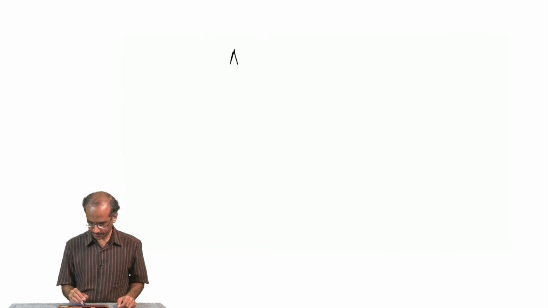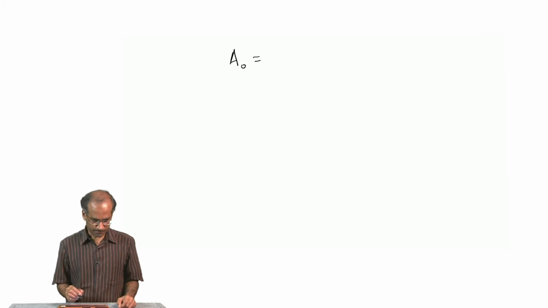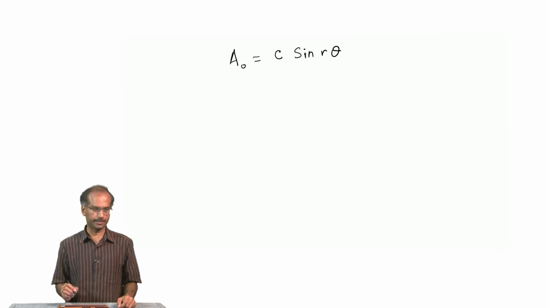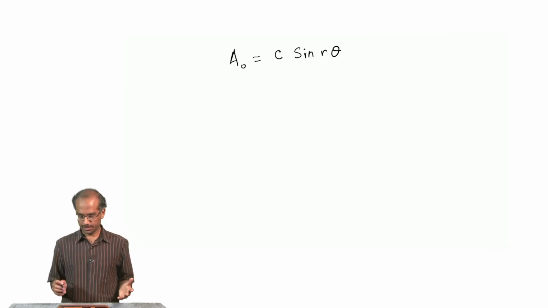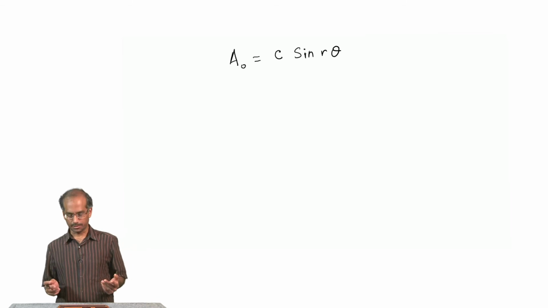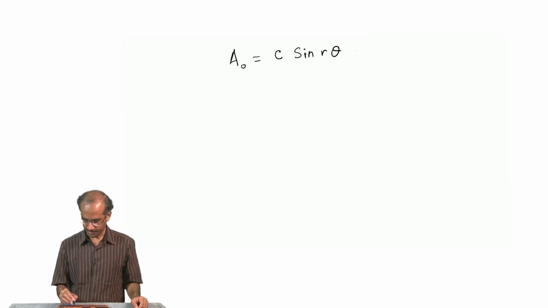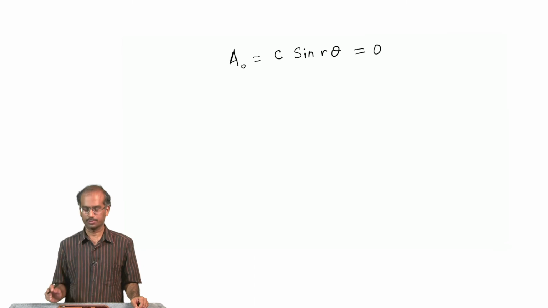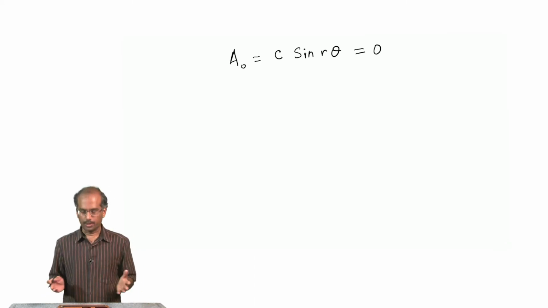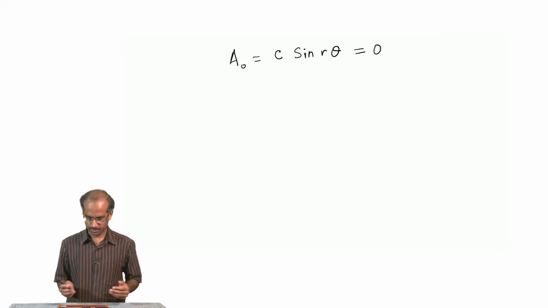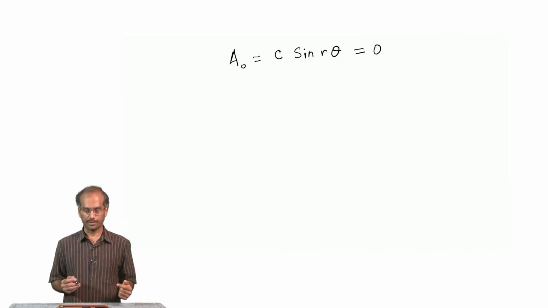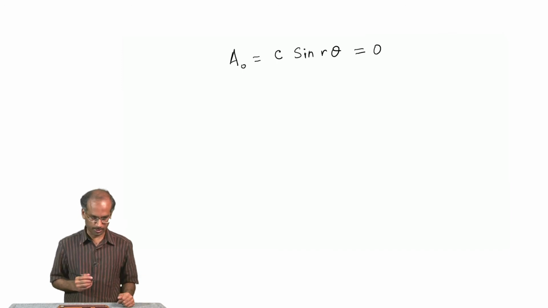If I need A 0 equal to 0, I should have A r to be c into sin r theta, because if r is 0, sin r theta is 0, and it will automatically satisfy the boundary condition that A 0 is equal to 0. So, that is one useful thing that we can get from putting in the boundary condition.